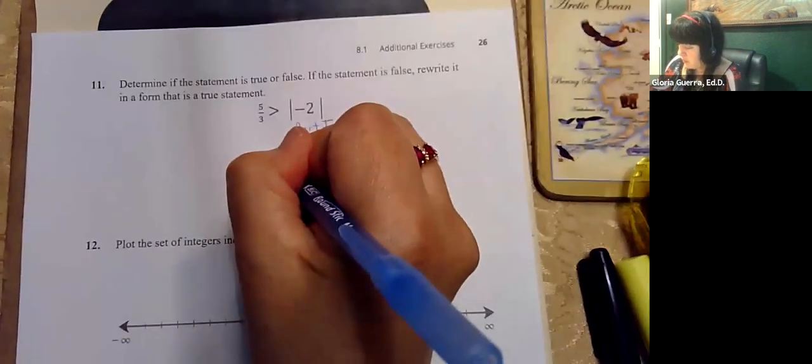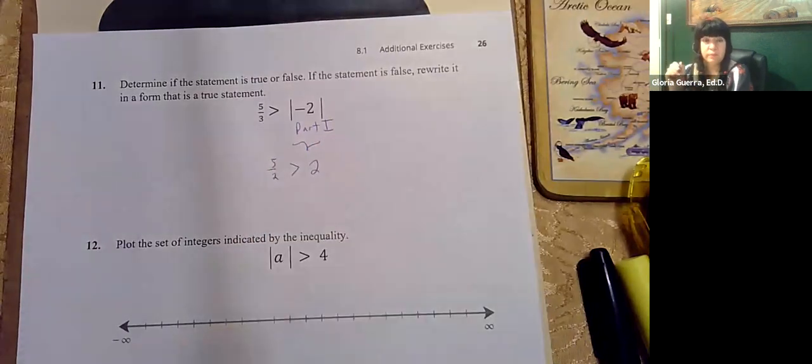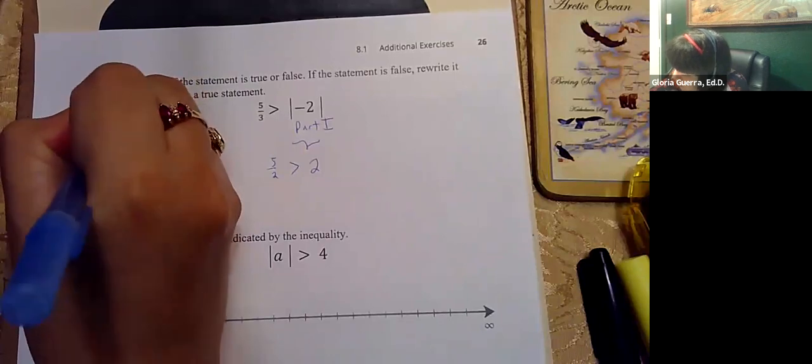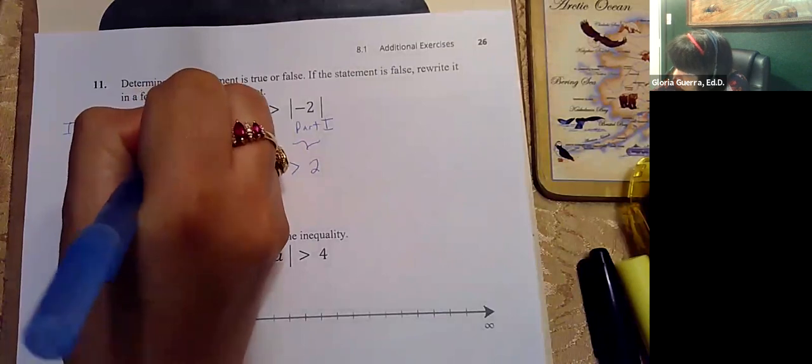So you basically have 5/2 is greater than 2. Anytime you have absolute value, you just have to simplify it, and then you can look at it with fresh eyes. How do you want to compare it? If you want to compare it by doing cross products, that would be an option.